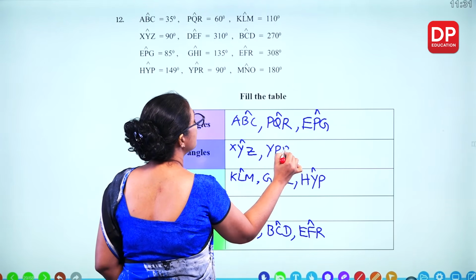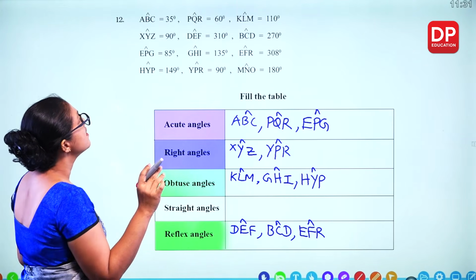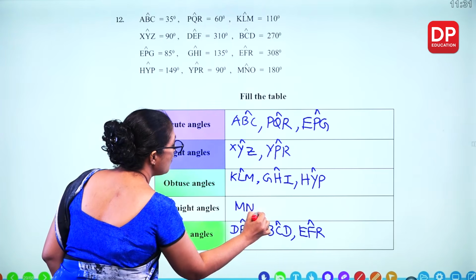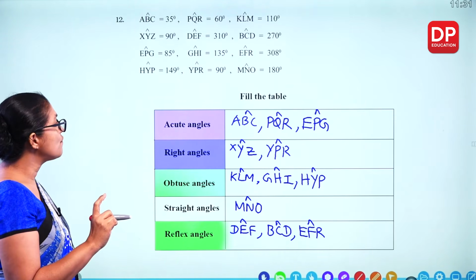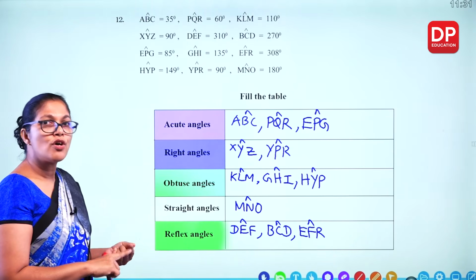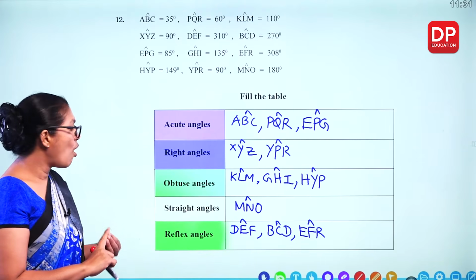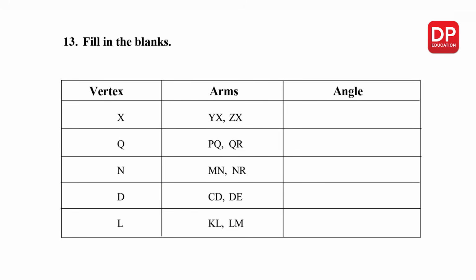YPR. 180 means straight angle. MNO. So by looking at the value, you can identify whether it's an acute, obtuse, right angle, straight angle or reflex angle.